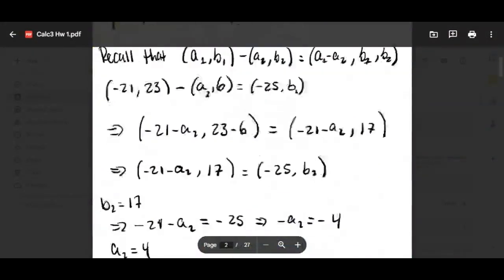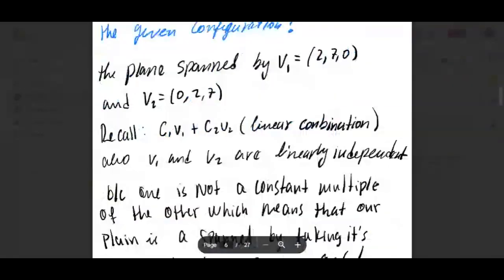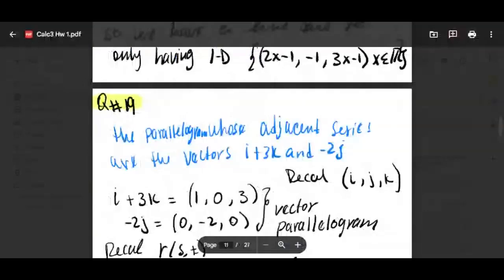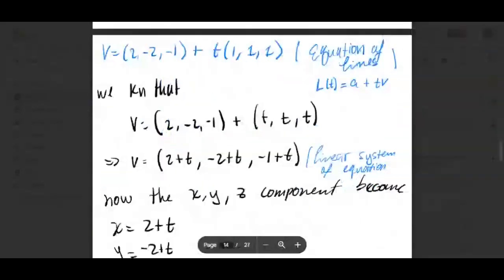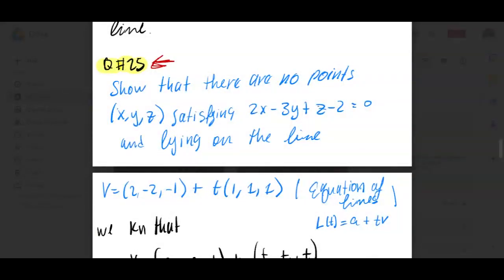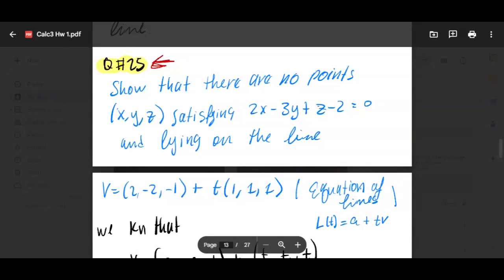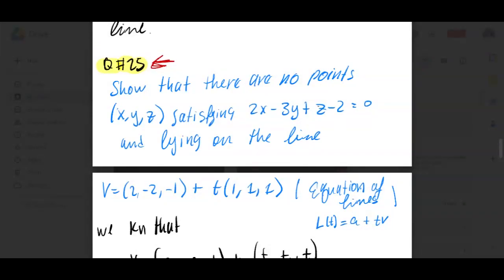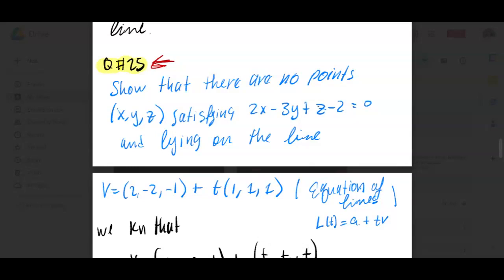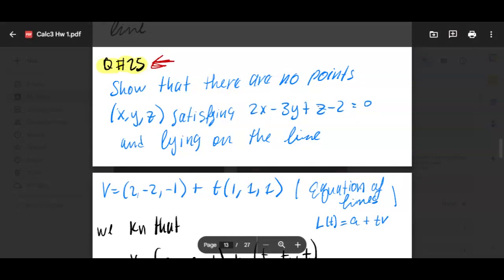So I decided to present a question from chapter 1, question 25 from section 1.1. This question right here is to show that there is no point in our x, y, and z plane that satisfies this function equal to 0, in that it is lying on this line given right here.